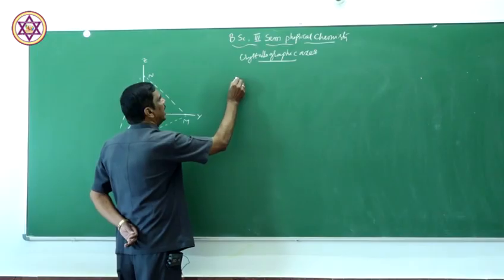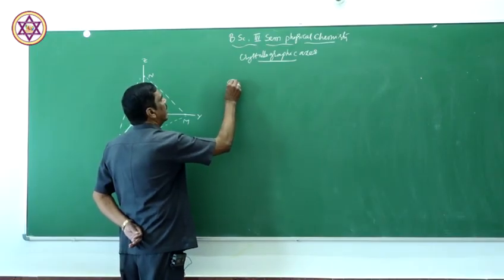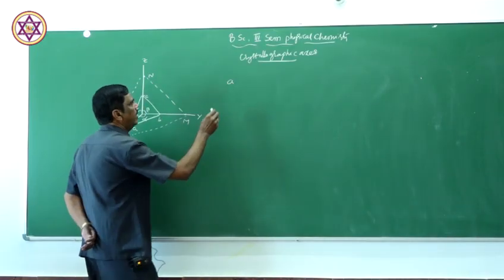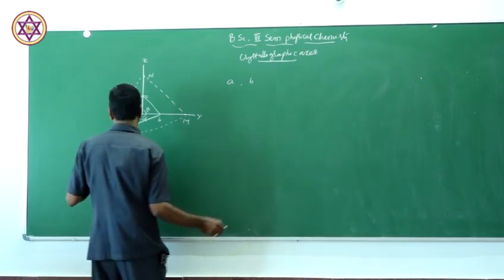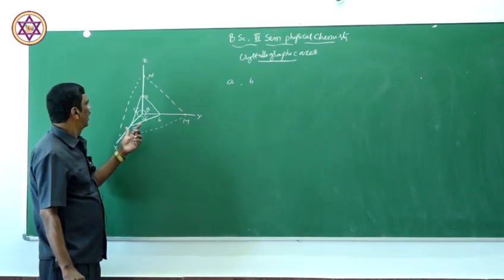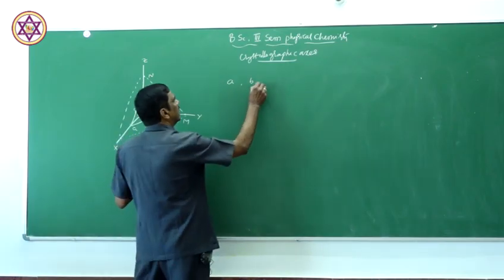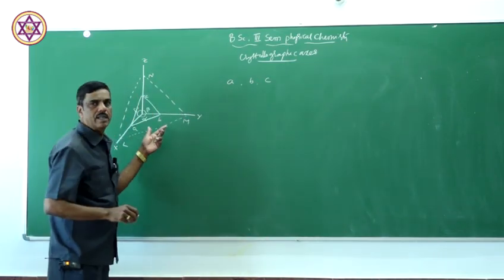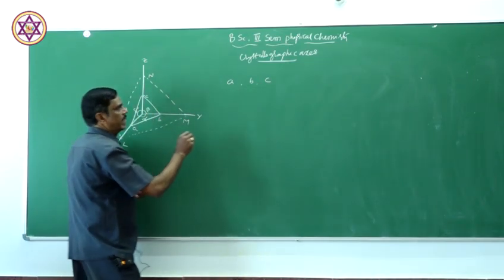Now, unit length is A. So, this A is the edge length in the x direction, B is the unit intercept of the unit cell in the y direction, and C is the length in the z direction.